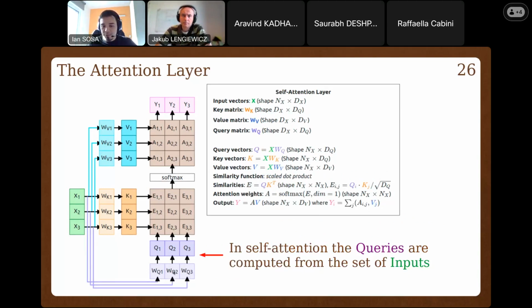So we have another trainable weight matrix, WQ, which performs a linear transformation on the inputs, and that allows us to come up with the queries. That's why it is called self-attention, because it is said that the inputs X are paying attention to themselves.